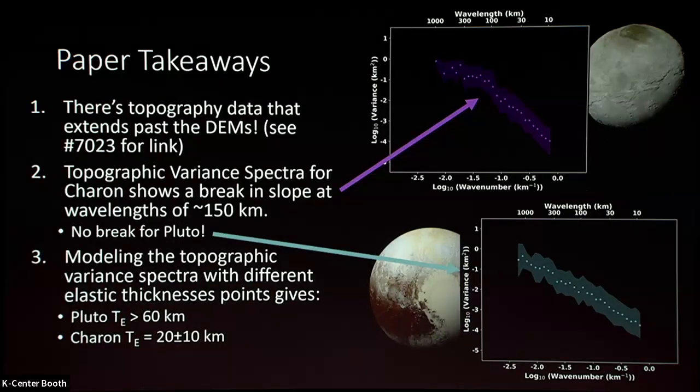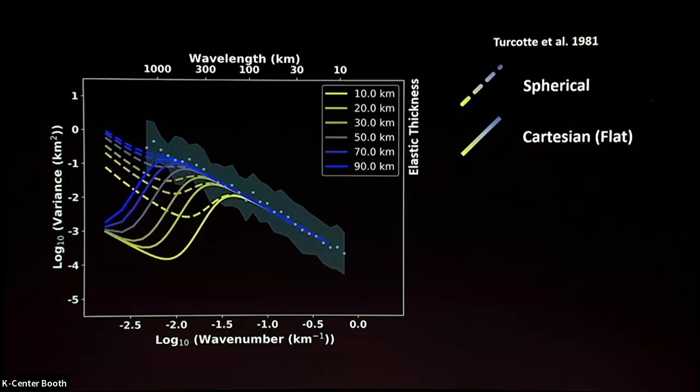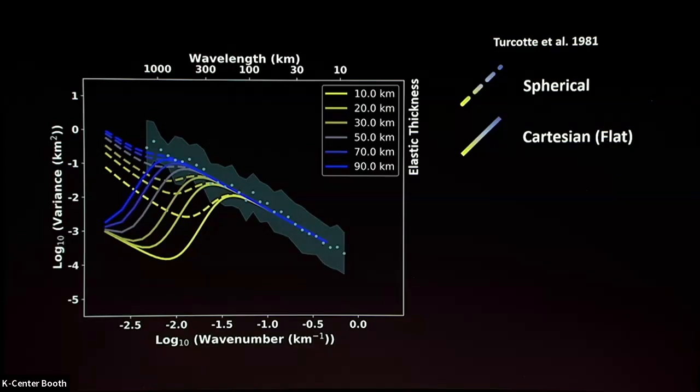And so what we did, I'm going to pass over this, is actually go and model what the topographic variance spectra should be for an idealized version of Pluto and Charon with different ice shell thicknesses, or rather different elastic thicknesses for the ice shells.